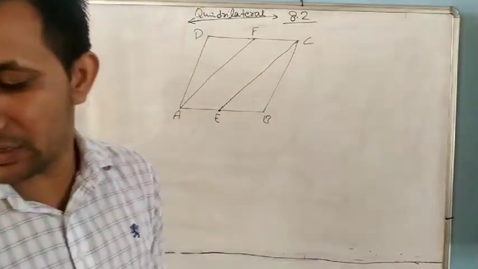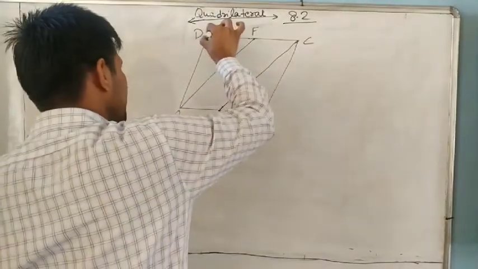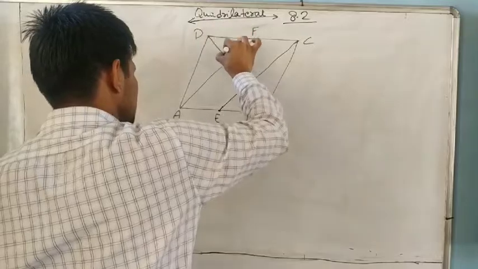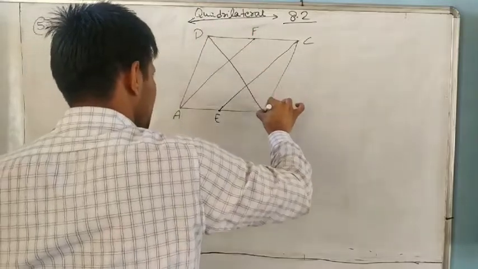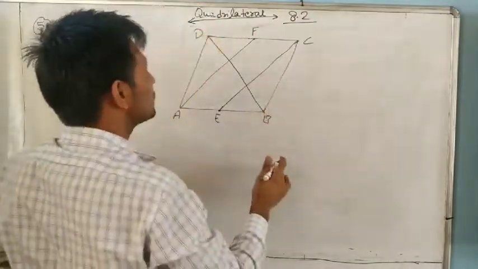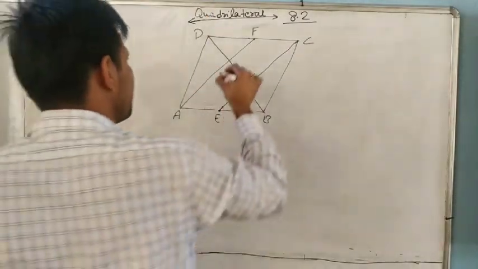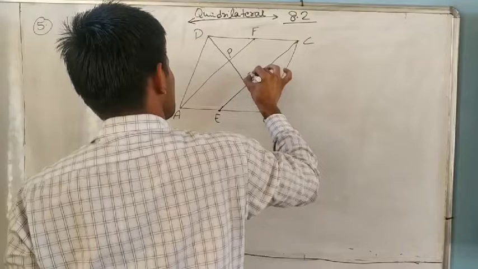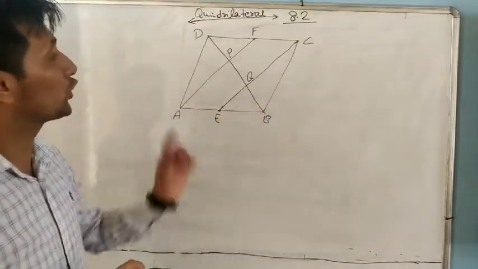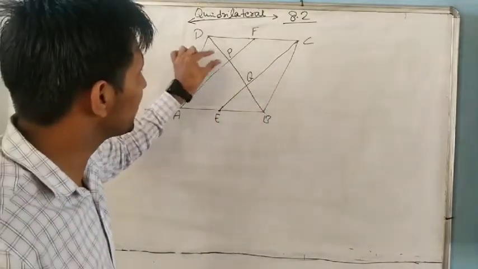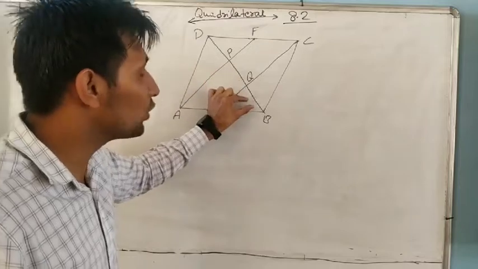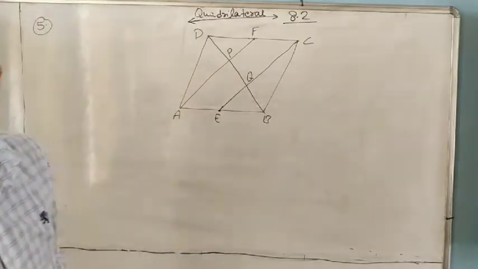Trisect means three equal parts. So these two line segments trisect the diagonal BD at points P and Q. It means we want to show that trisect means DP equal to PQ equal to QB. All we want to prove that.